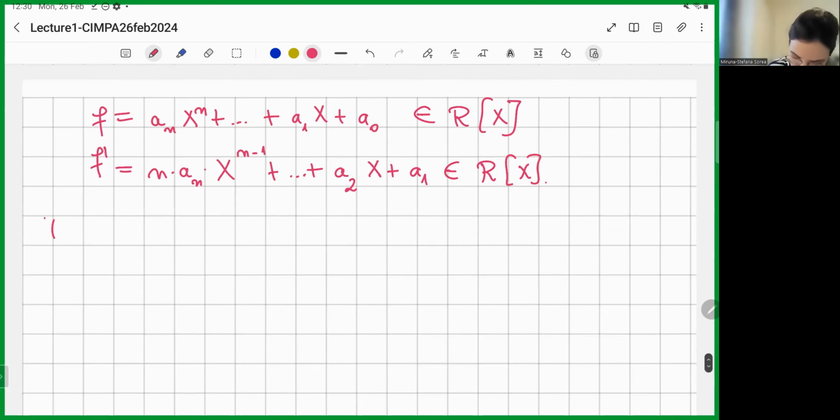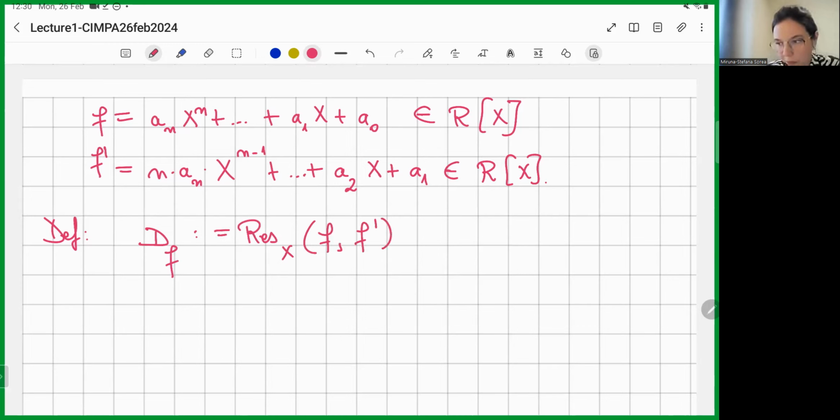We give a definition. Given f and f prime, the formal derivative of f, by definition, the discriminant of f, let's write it, for instance, d index f, is the resultant of f and f prime.